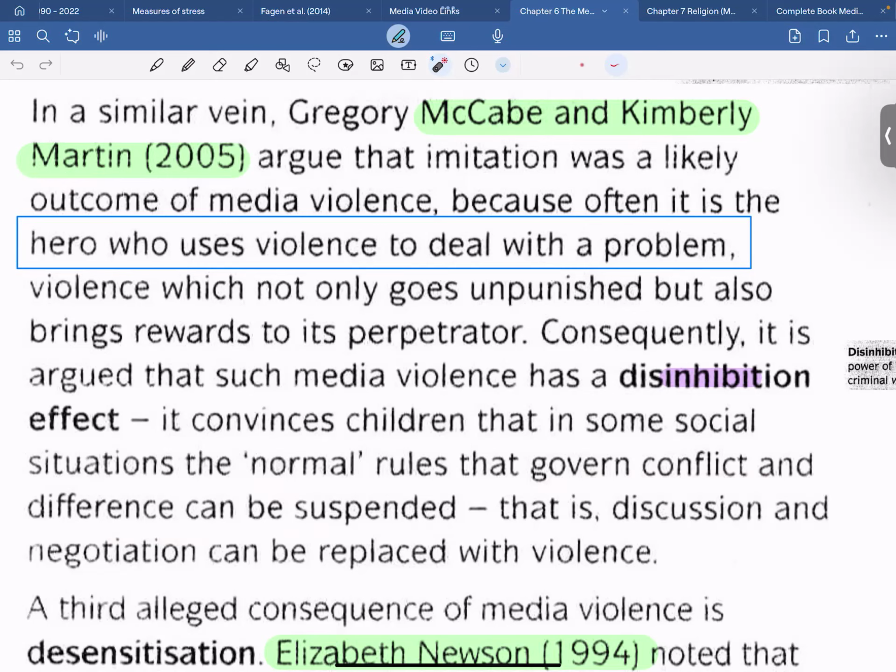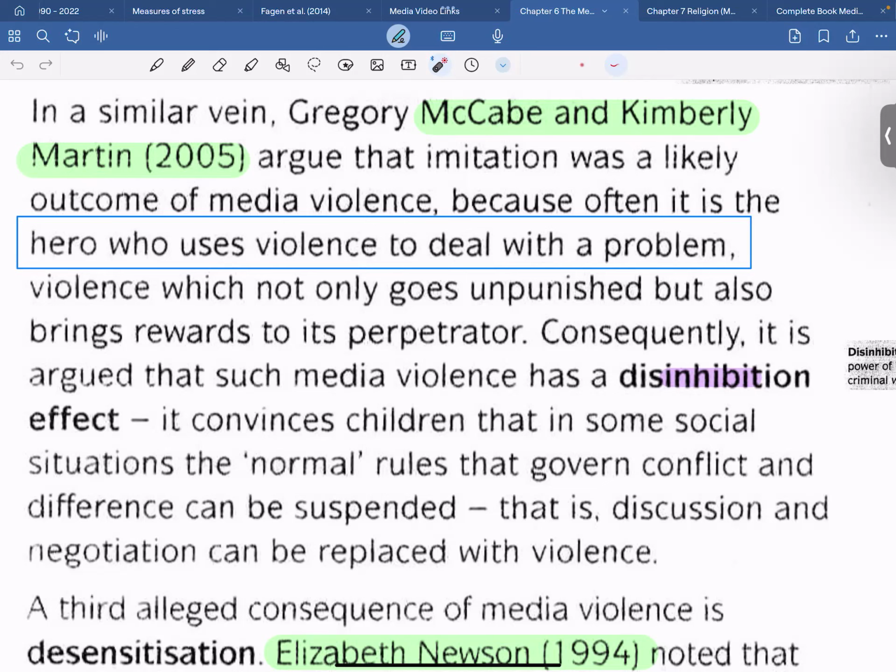That is, discussion and negotiation can be replaced with violence. Summing it up, if you show heroes or heroines or the main character in a movie, series, drama or soap opera using violence to deal with a particular problem, you are encouraging people to do that as well.